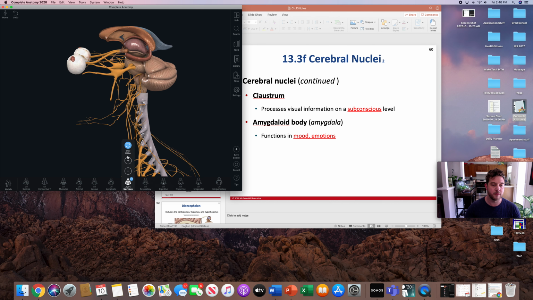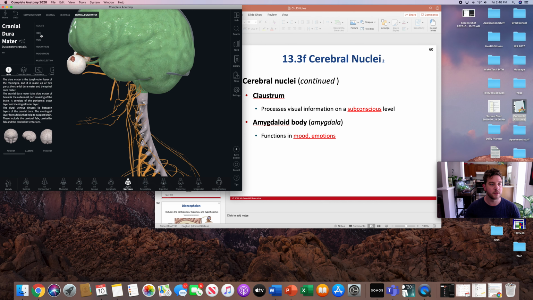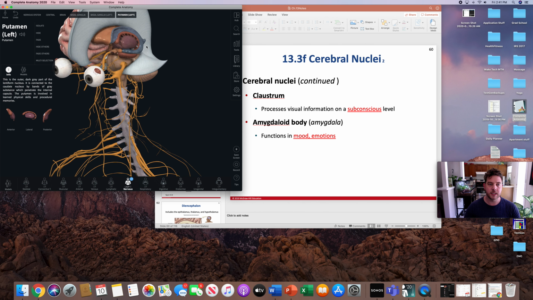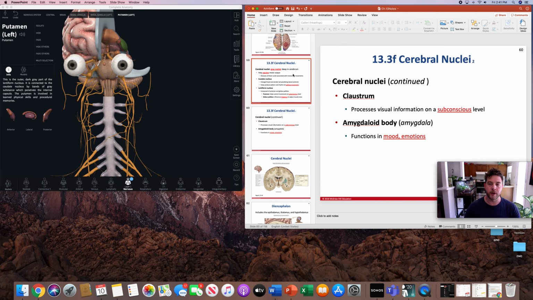Oh, I think I have to put everything back on. So we remove the dura mater, the arachnoid, cerebrum. Okay, so we have our ventricles. Then you have your caudate nucleus. You have your putamen. And then inside, so again, just so you can remember where we are.